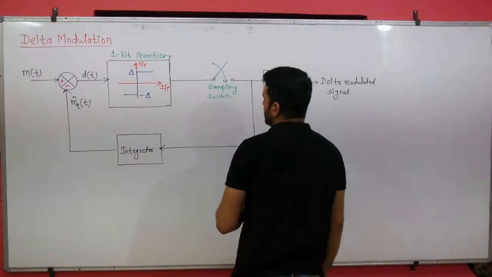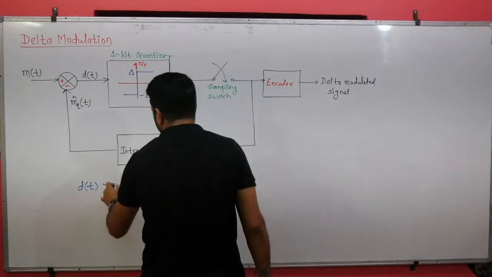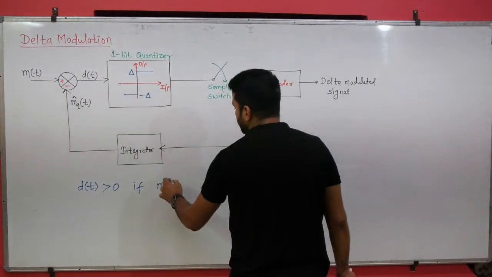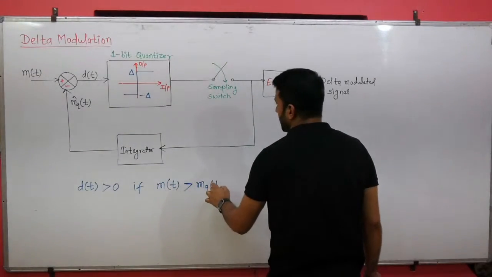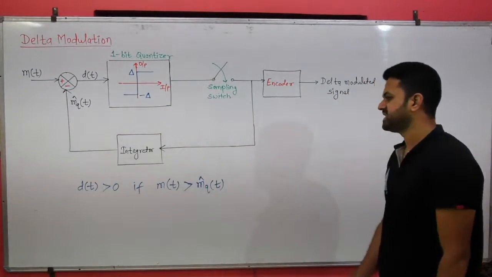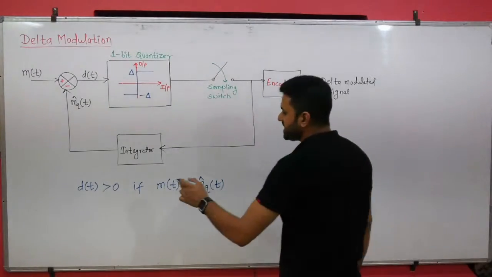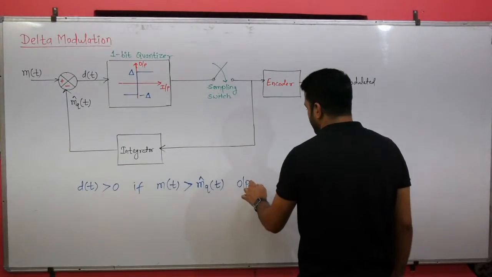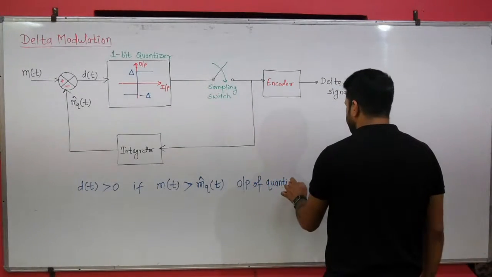Yes. So now let me tell you the detailed explanation of this block diagram of the delta modulation. Now here the difference is greater than 0 if MT is greater than MQT. The difference will be greater than 0 if MT is greater than MQT, and when DT is equal to 0, the output of the quantizer is plus delta.